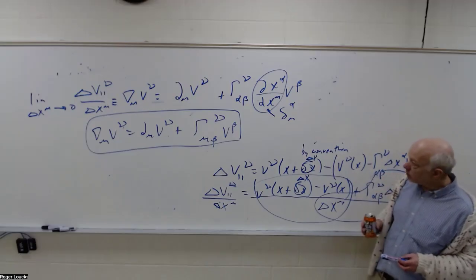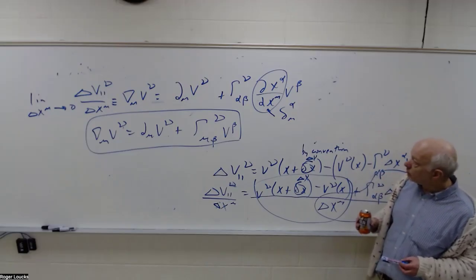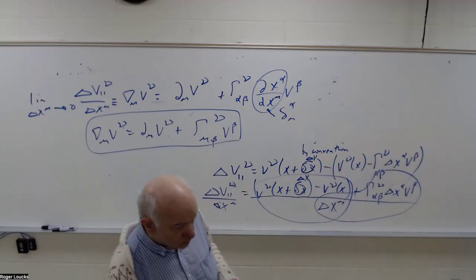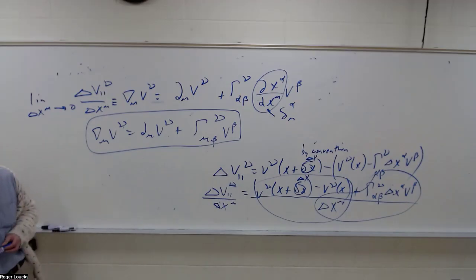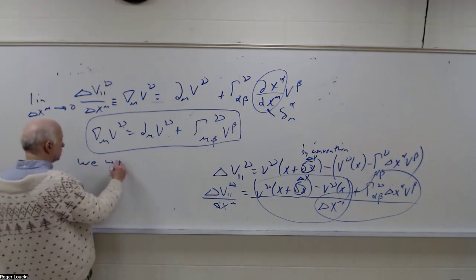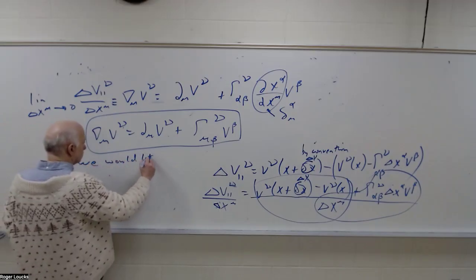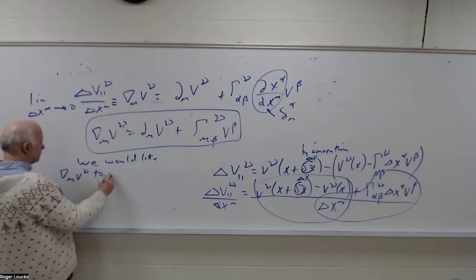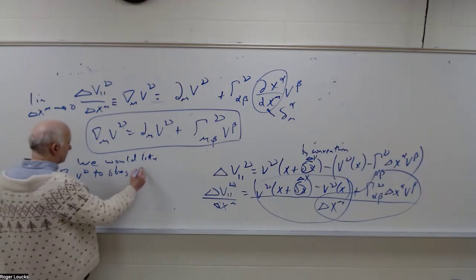Why did that go away? Oh, never mind. Good. That makes sense. Now we wanted some properties here. So we said we would like this to obey some nice properties.